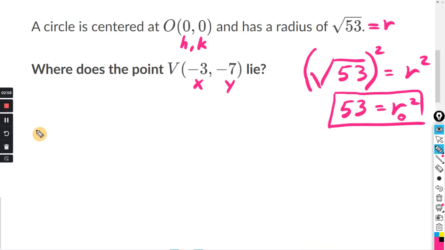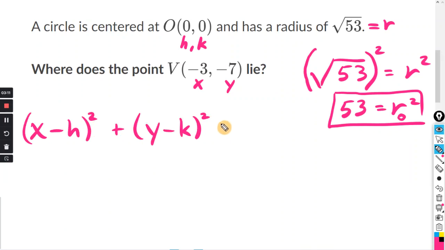And now we'll do the circle equation: (x minus h) squared plus (y minus k) squared equals r squared. Now it's not the original, we're finding the new r squared, so I'll write a little new there. Just plug in the points.